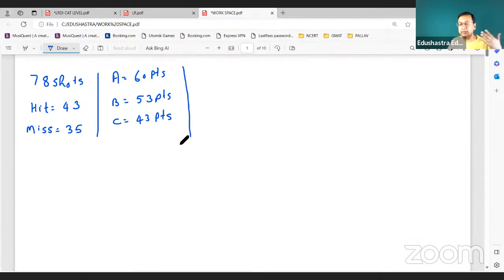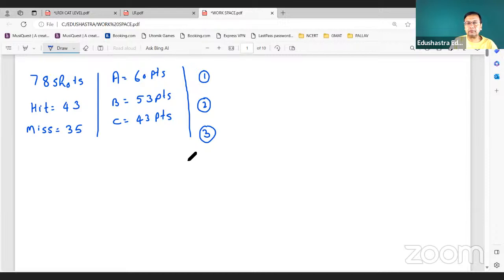But out of A, B, C, who is first, second, third, I do not know. This I need to identify. So I assume there is some first person, some second person, and some third person.